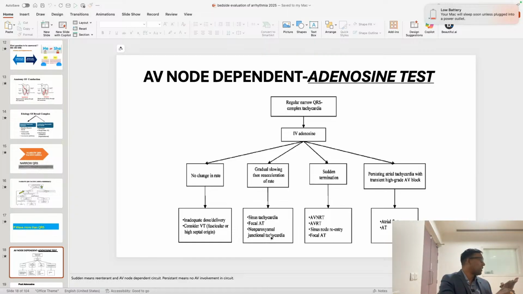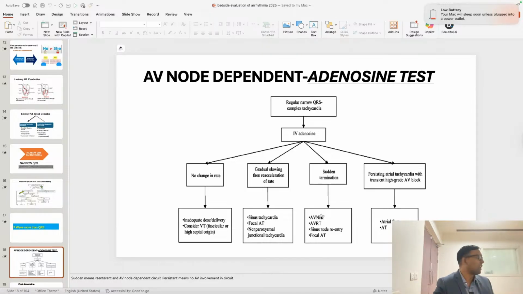So atrial tachycardia will not terminate. It will slow and later on go on. Even atrial flutter will also go on. The rate will reduce, later on it will be running, because we are blocking what? The AV node. So AV node block for 6 seconds, later on again tachycardia is going on. So this is the way we identify it.